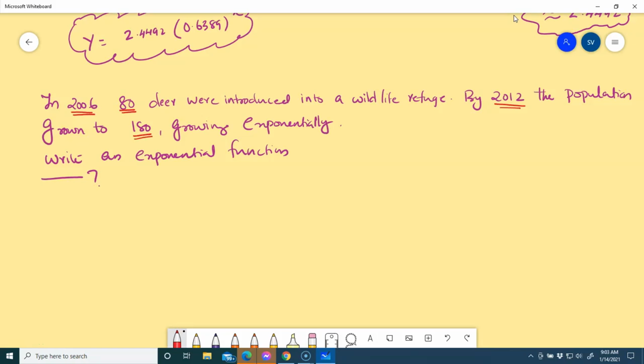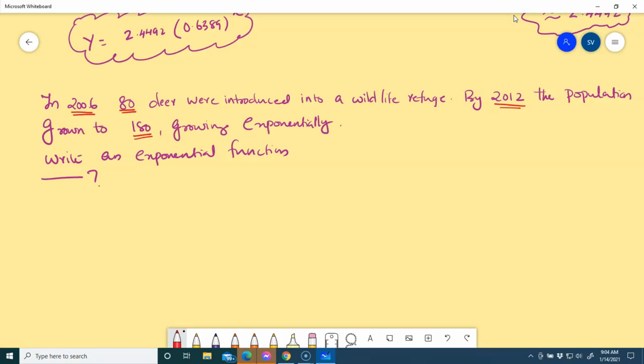So if you are considering 2012 as the final year, the final number of deer at this point is 180. We can use that information. If I were you, I would use the number of deer and the year to form a coordinate.